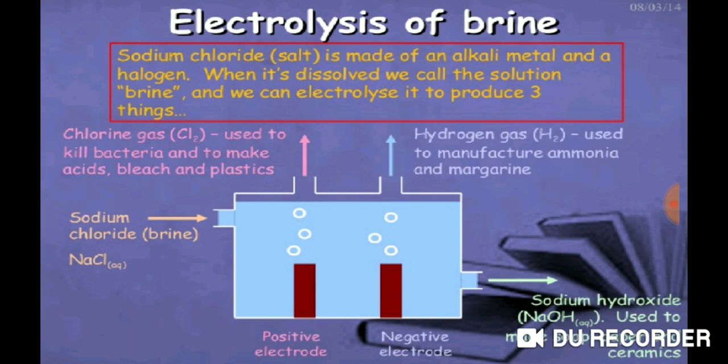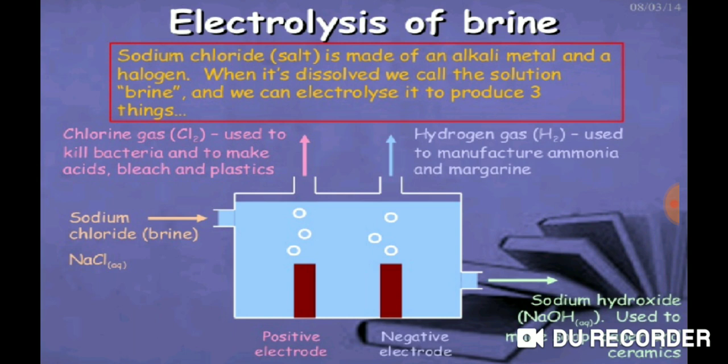Chlorine is also used as a bleaching agent. And hydrogen gas, which is used for the manufacturing of ammonia and margarine. Now you can see during the electrolysis of NaCl, we are getting two types of gases. One is chlorine gas and the other is hydrogen. Whereas sodium gets dissolved in water to form sodium hydroxide, that means a strong alkali.